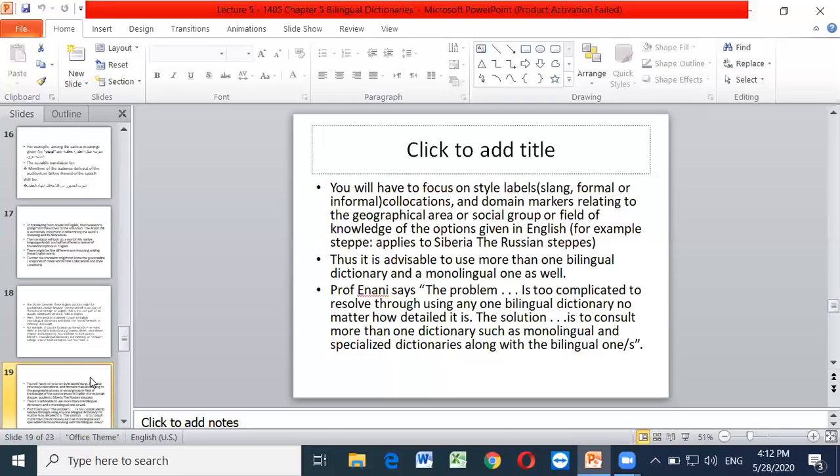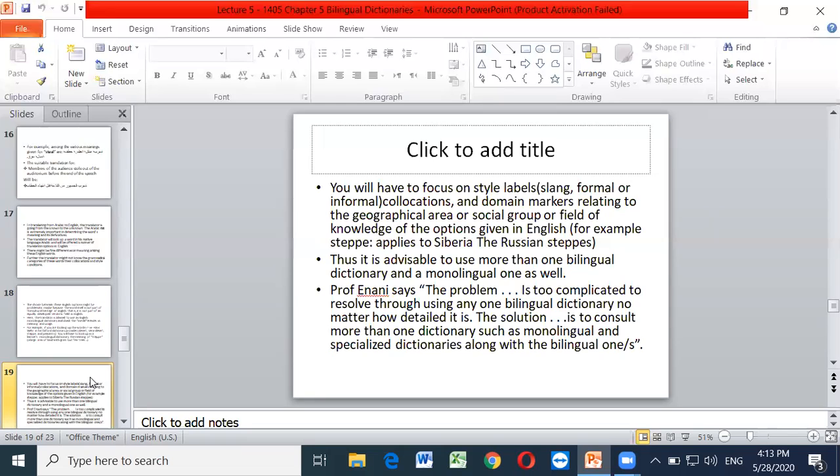So the fact that we have electronic format of dictionaries makes it easy, so you do not really have to go down to the market, to the bookshops and buy dictionaries. You have them already in electronic form.